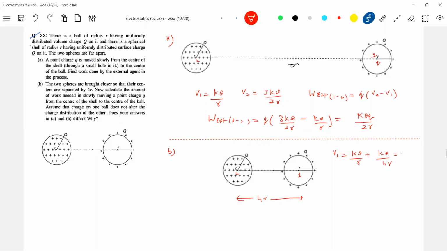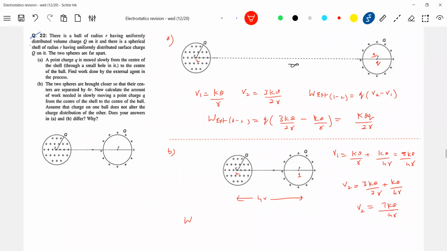So this will be 5KQ by 4R. Similarly, the potential at the center of the ball, due to the ball, will be 3KQ by 2R plus KQ by 4R, which is 7KQ by 4R. Check once.